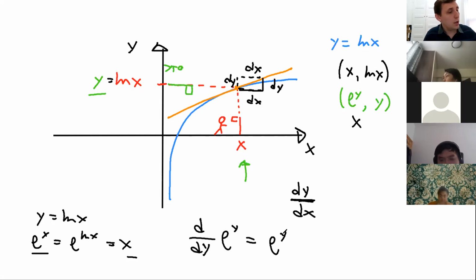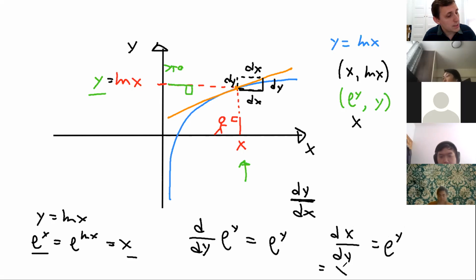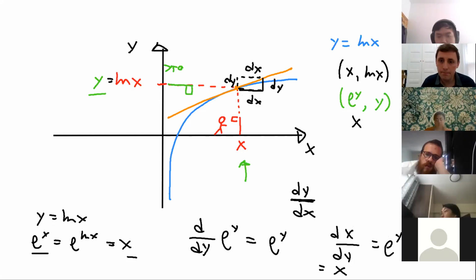Same number. So what is this guy saying is the slope? He's saying that dx over dy is equal to e to the y. What is e to the y? It's the vertical position. So he's saying that the slope is equal to x. You see? That's what he's saying. Are you with me?